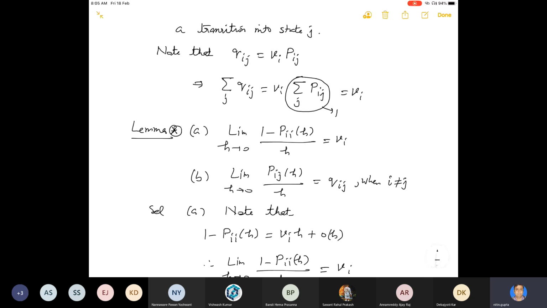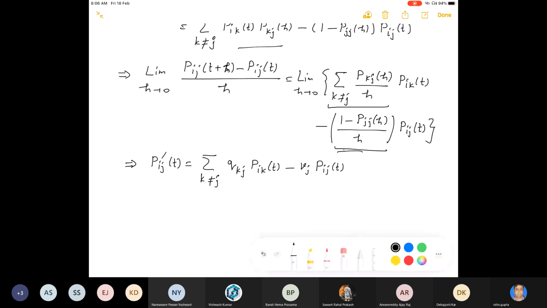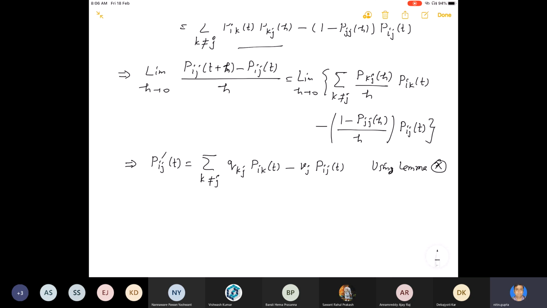So from lemma star, this is summation k is not equal to j, qkj Pik t minus vj Pij t.